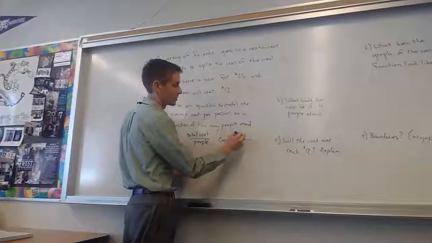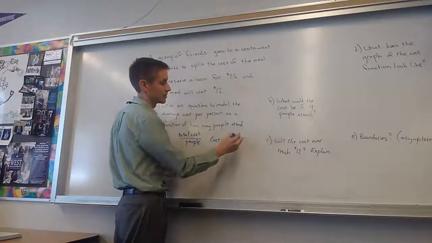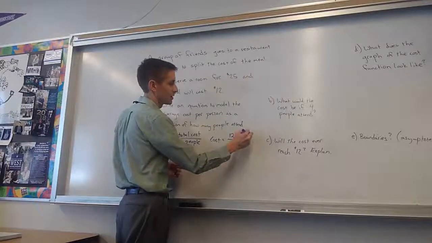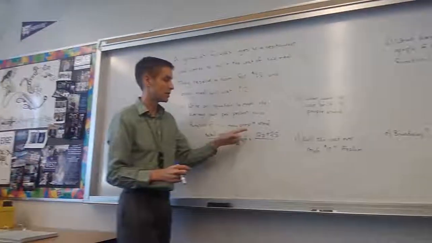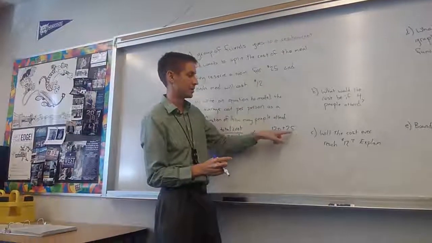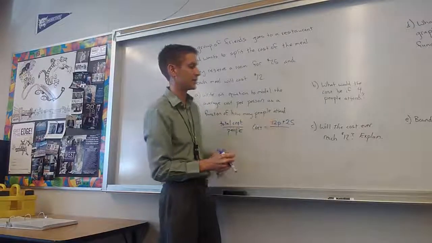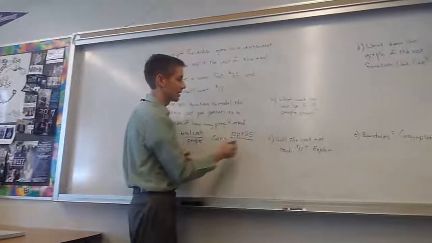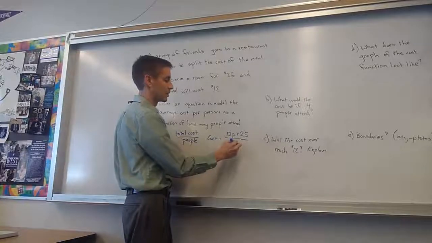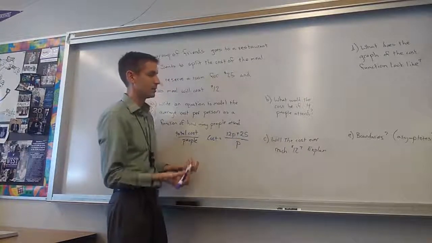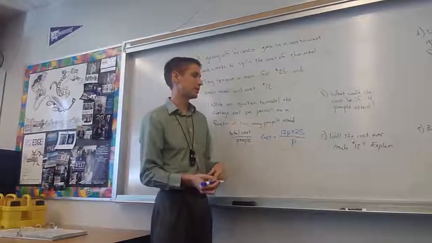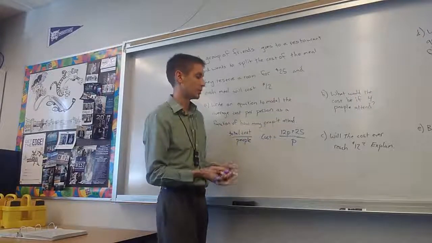So we could say that this is $12 per person plus the room cost of $25. So that would be the total cost for the meal: the cost of the room plus $12 for every person. But then we want to take an average of that, so we're going to divide it by the number of people, which would be P. So that's one way that we could write this equation.